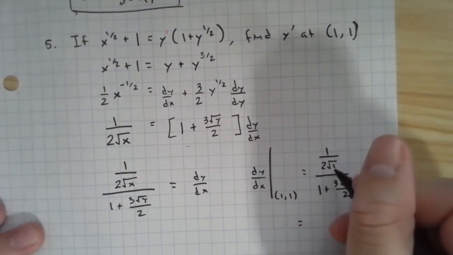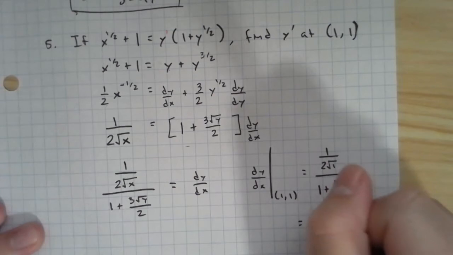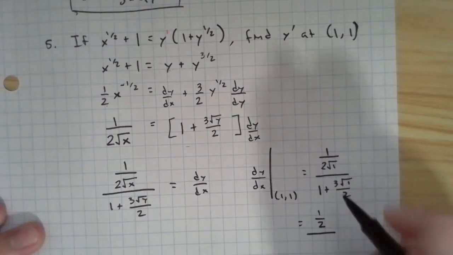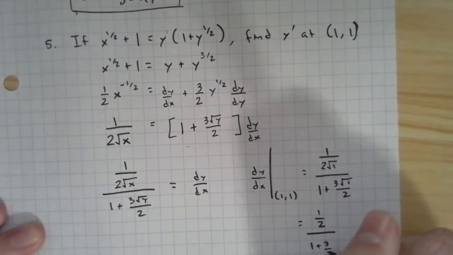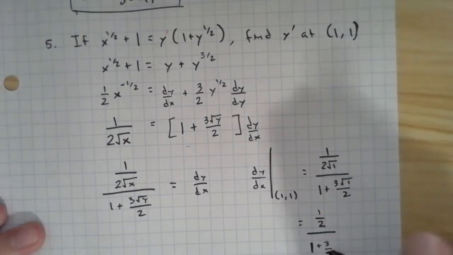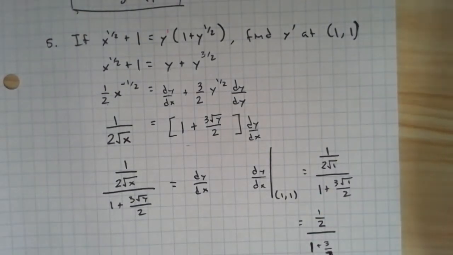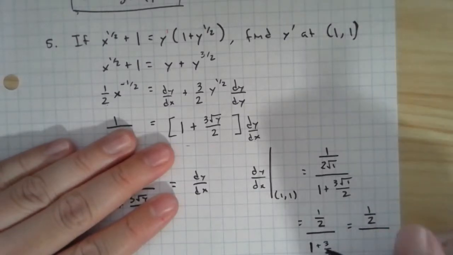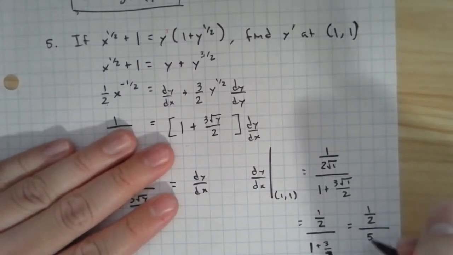So 1 over square root of 1 is 1, so 1/2. Square root of 1 here is 1, so then it's just 3 over 2, so 1 plus 3 over 2. So 1 plus 3 over 2, okay, please don't let your fractions fail you here. Okay, 1 plus 3 over 2 will be 5 over 2.